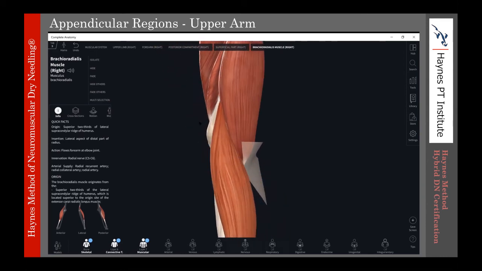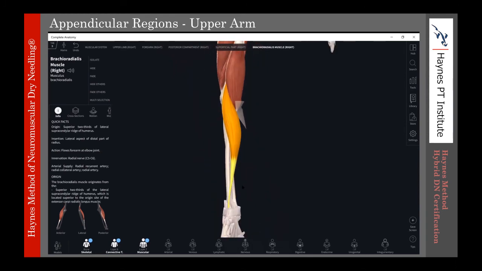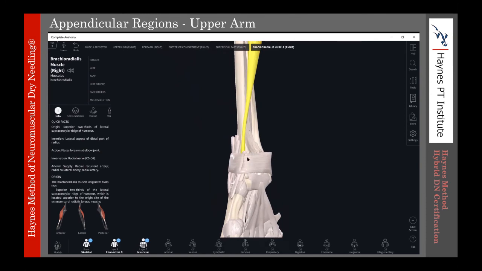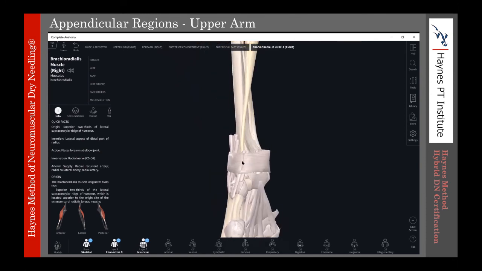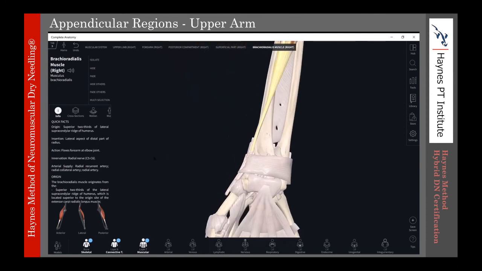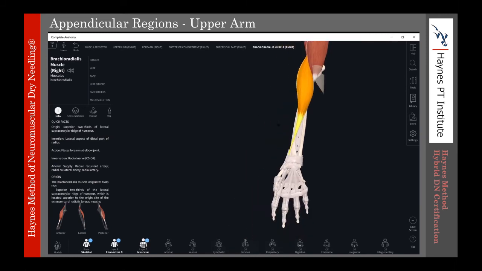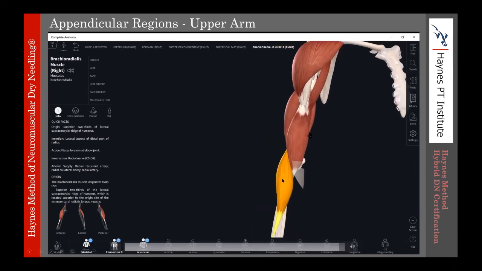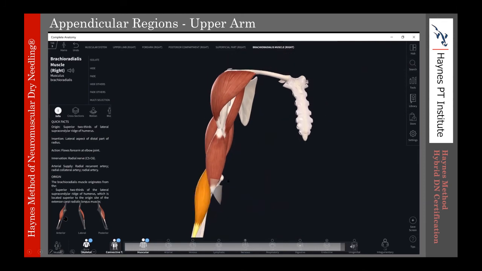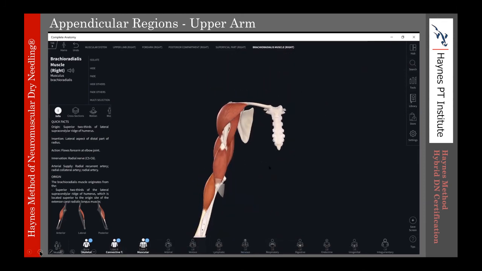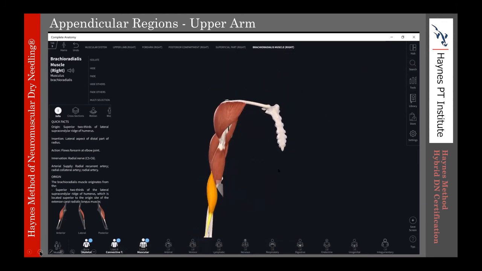It inserts into the lateral aspect of the distal part of the radius, so it travels quite a distance before it comes to attach. Its action is it flexes at the elbow joint. It flexes the forearm, and so a powerful movement there. And that would comprise our three-dimensional anatomy of the upper arm.